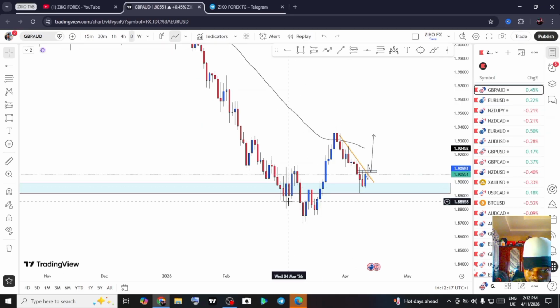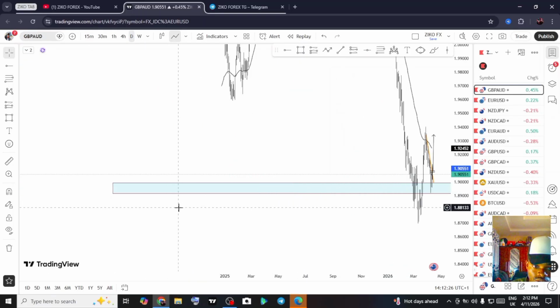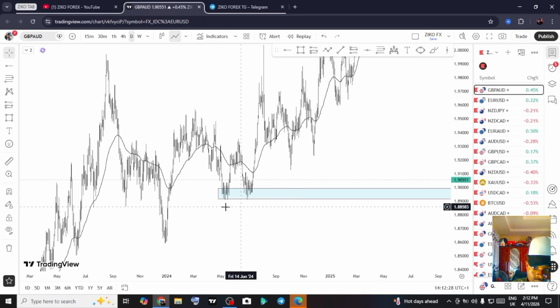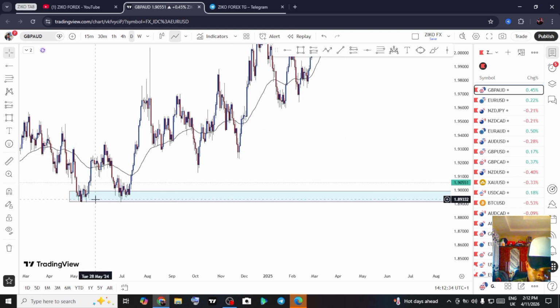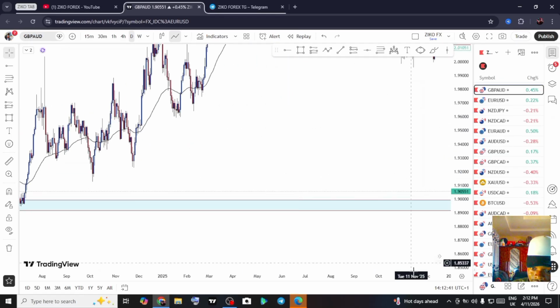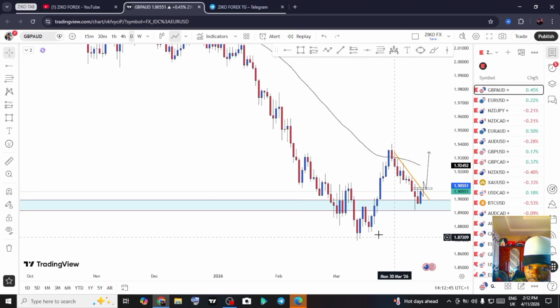From February to April, we had three rejections from this area, right? Then if you go all the way to around April and July in 2024, we had two strong rejections from that area, which by the way bought significantly, right? So now because of that, I'm interested in this market.